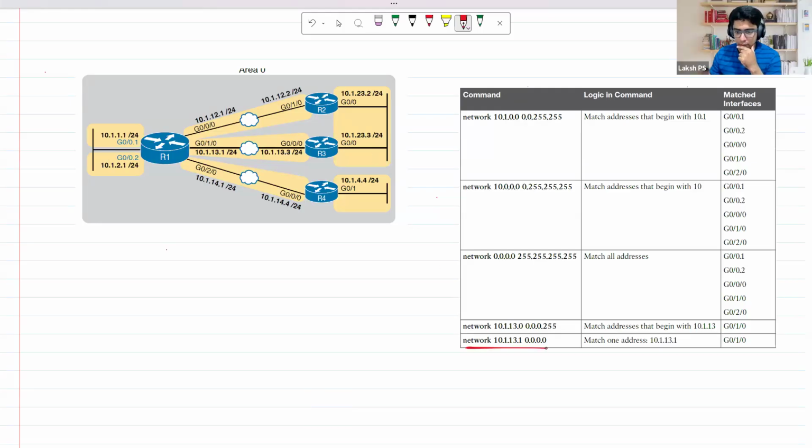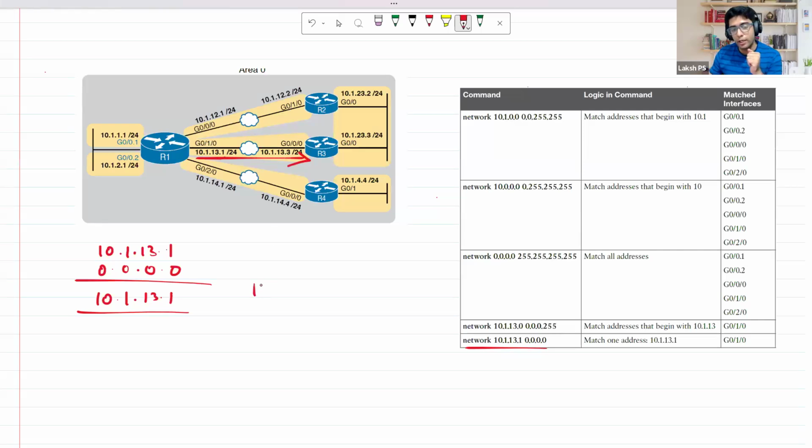Now, the next is this one, 10.1.13.1 with 0.0.0.0. Okay, wherever there are zeros, write that value, 10.1.13.1. So over here, OSPF will look for the exact interface with the IP address of 10.1.13.1, and that again is this interface, and it will send the OSPF message out of this interface to R3.